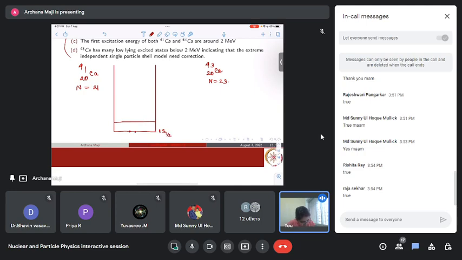So 2 will be in the first level, then 1p 3/2 will contain 4, 1p 1/2 contains 2, then 1d 5/2 contains 6, 2s 1/2 there will be 2, then again 4, 1f 7/2, okay.